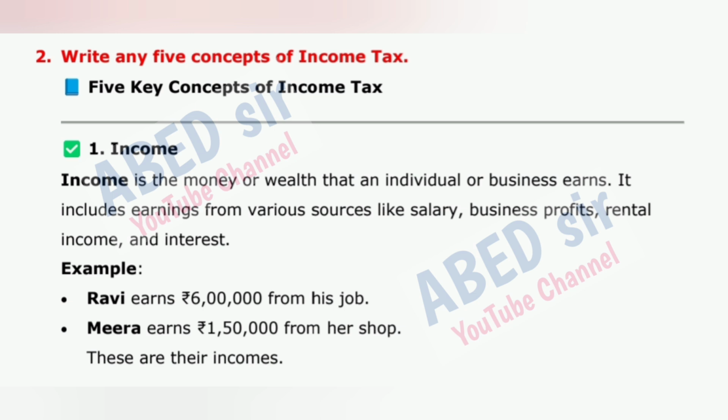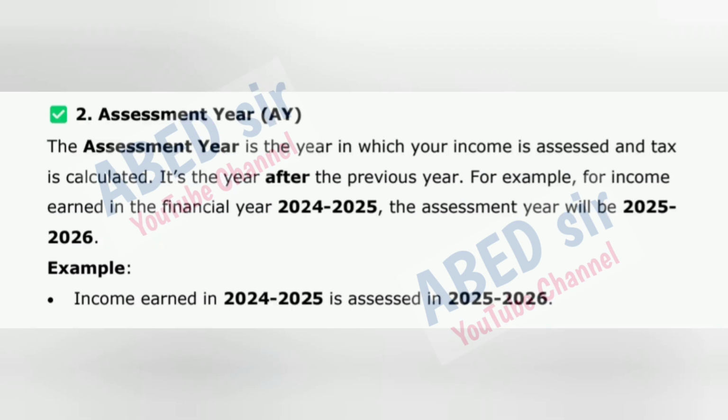Example: Ravi earns 6 lakhs rupees from his job. Meera earns 1,50,000 rupees from her shop. These are their incomes. 2. Assessment year, A. The assessment year is the year in which your income is assessed and tax is calculated. It's the year after the previous year.